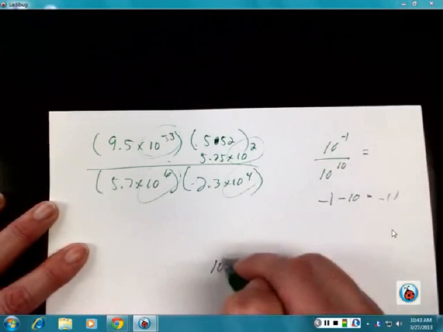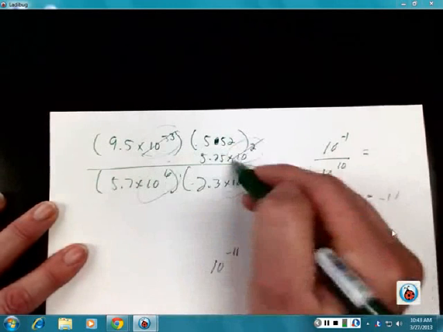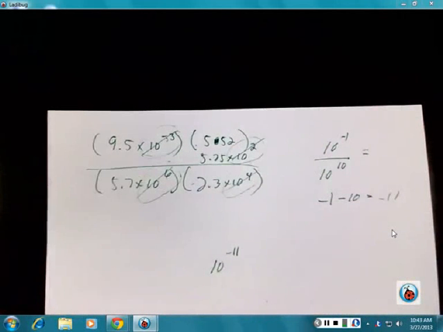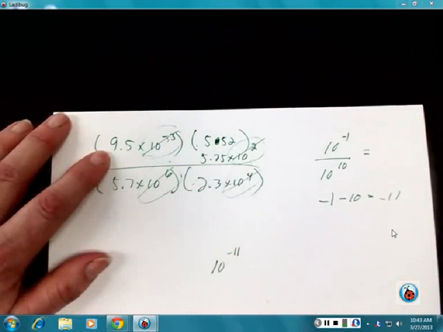So I have 10 to the negative 11th as all of my exponent pieces, so I can just cross those all off and then do my number part. So 9.5 times 5.52, I think I said it wrong.